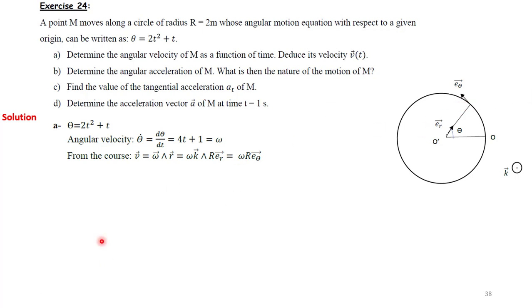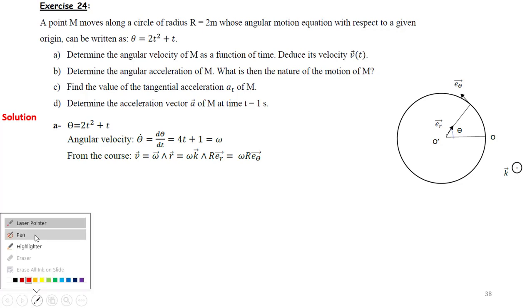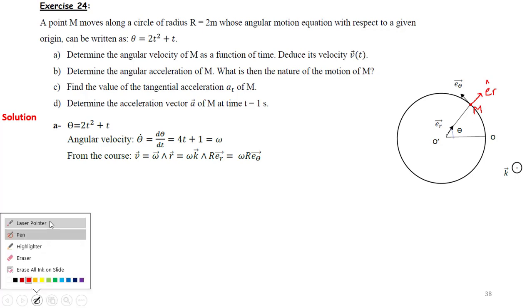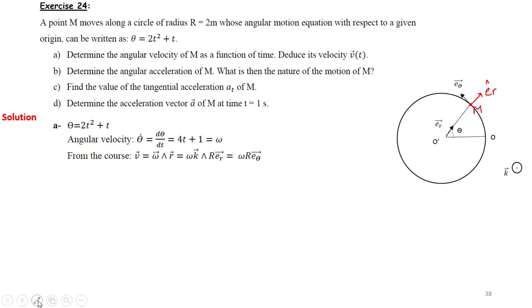So let's draw ER and E theta. ER, let's draw it starting from M. So this is ER, and we have E theta. So this is our point M. We can also draw ER for sure starting from O prime. There is no problem. So what is the direction of rotation?